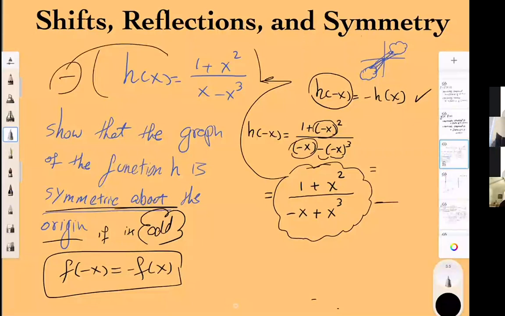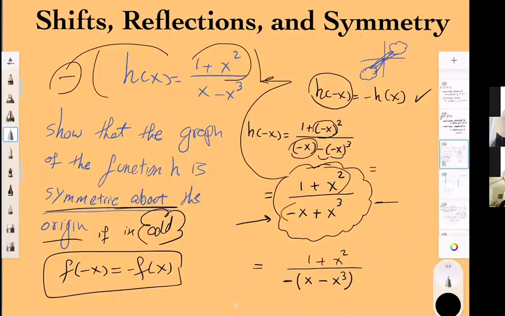So a little algebra here, 1 plus x squared is the same. I'm going to factor the negative from the denominator. I'm going to have x minus x cubed. Do you guys see that? Here, I pull the negative out.